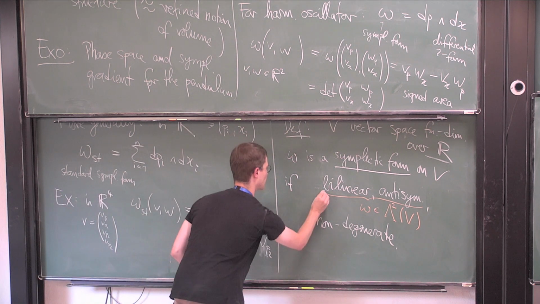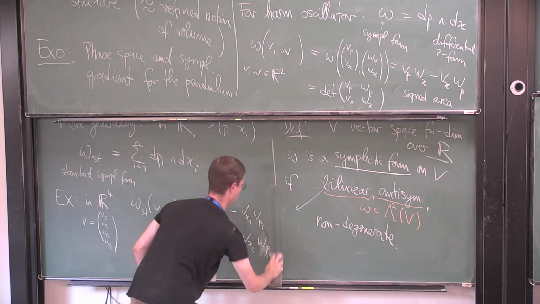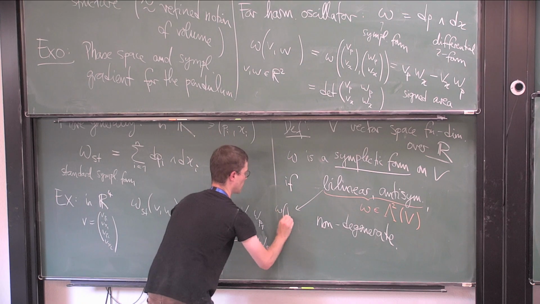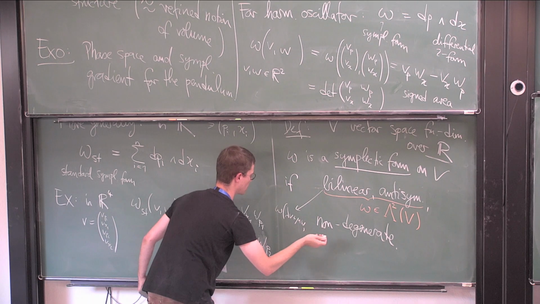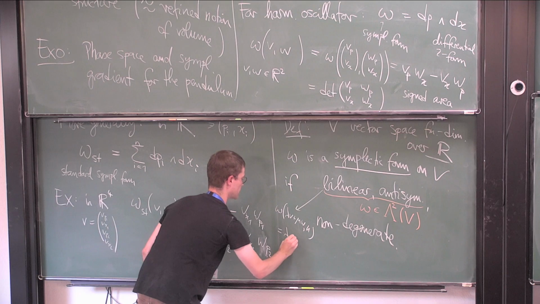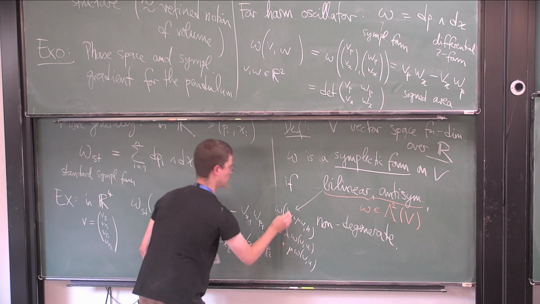Bilinear means that omega of lambda v plus mu w, comma, u, is lambda omega of v, u plus mu omega of w, u.